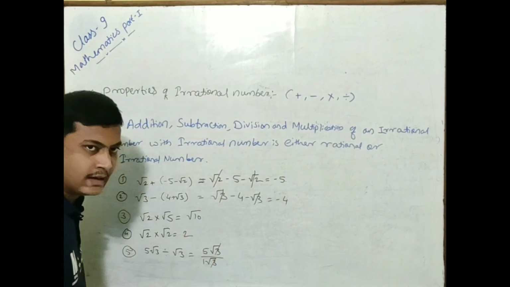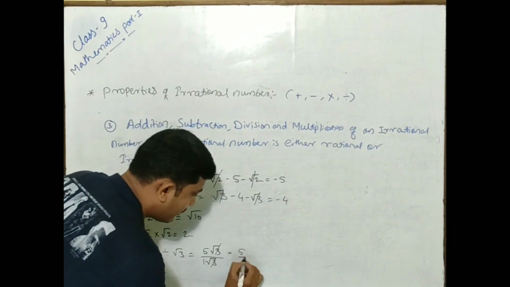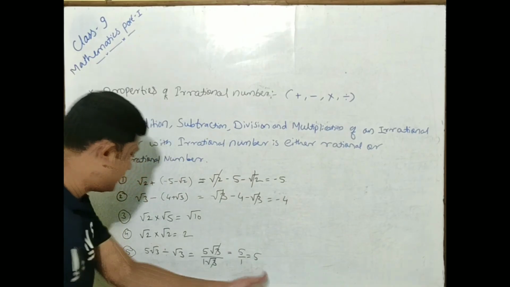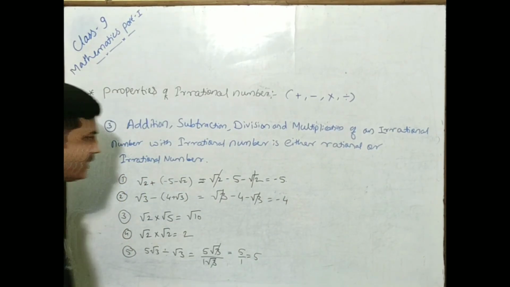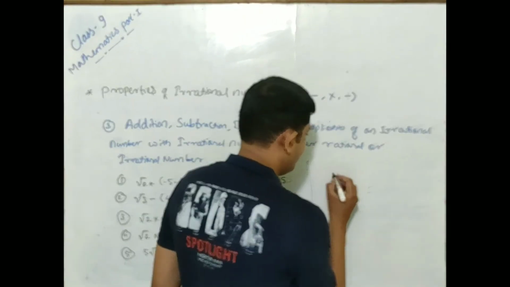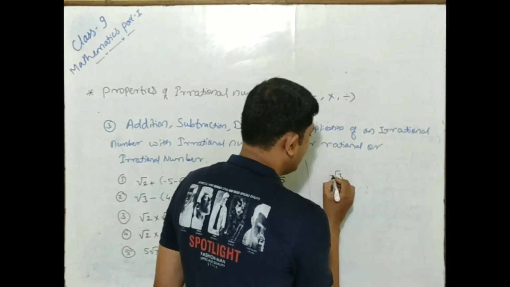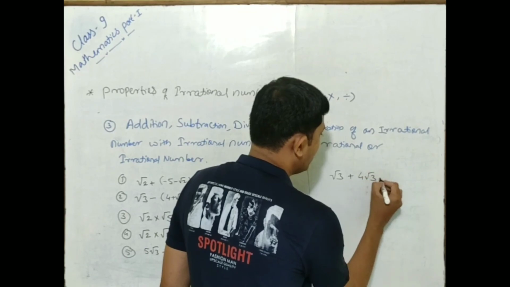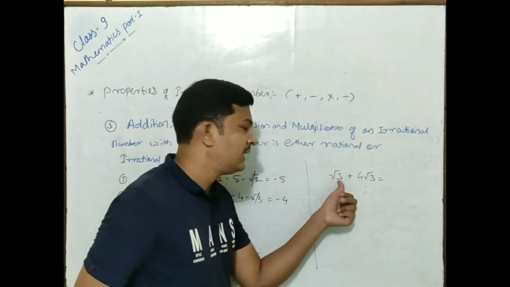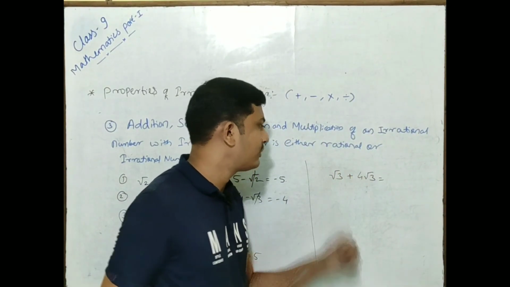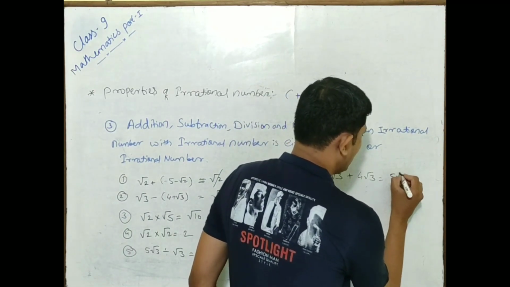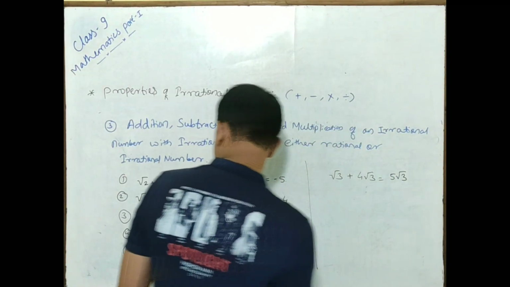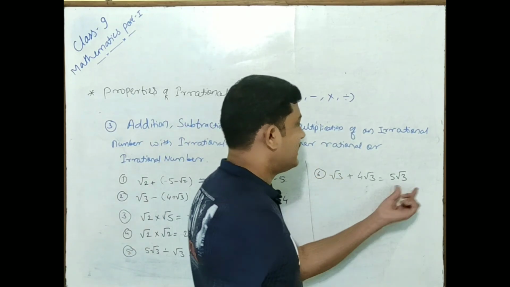Here root 3 gets cancelled, that is 5 upon 1, which is simply 5. Again it is a rational number. Again, root 3 plus 4 root 3. What do we get? Root 3 can be given as 1 root 3 plus 4 root 3, that is equal to 5 root 3. It is again an irrational number.